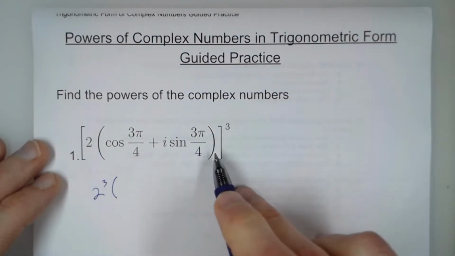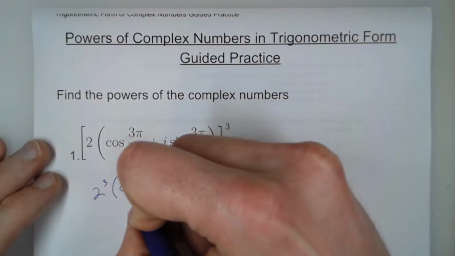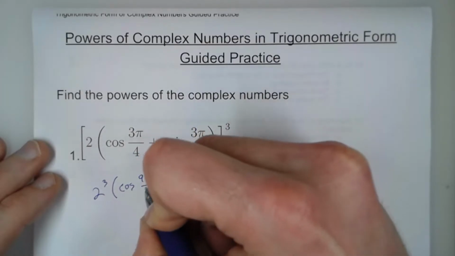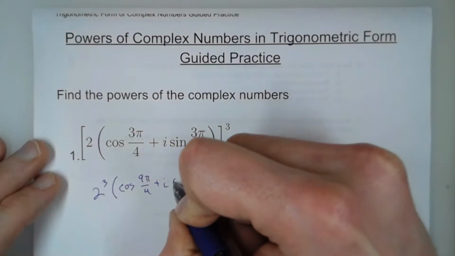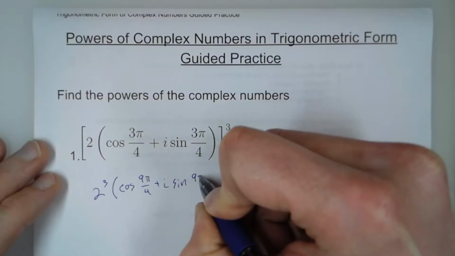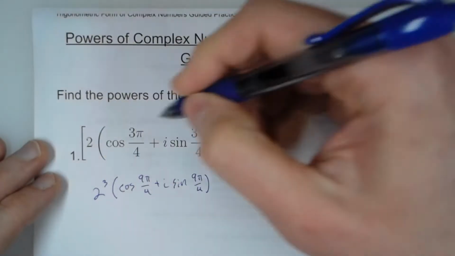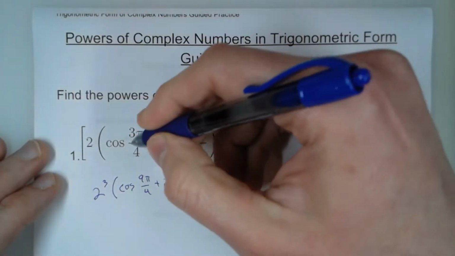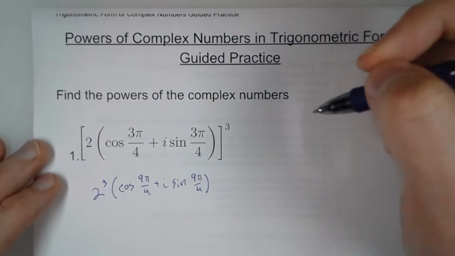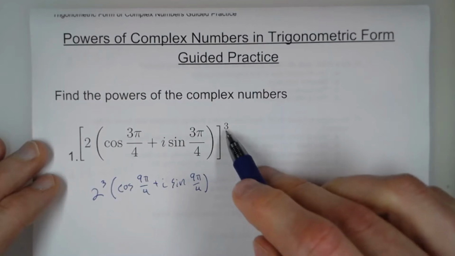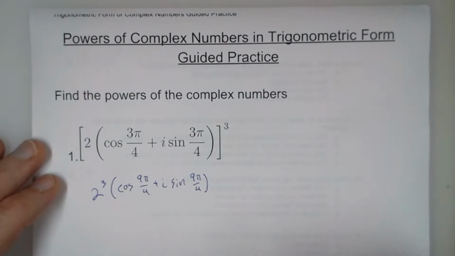And we're going to add this angle 3 times. So what happens is I take this magnitude and raise it to this power, and then I take this angle and multiply it by that power. So 3 pi over 4 times 3 is 9 pi over 4.